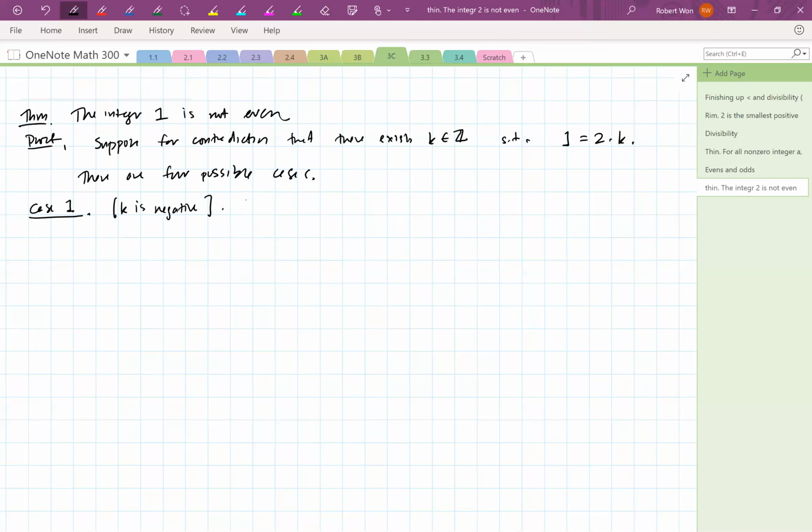Okay, well, if k is negative, then by definition, negative k, the additive inverse of k, is positive. So 2 times negative k is positive by closure of the positives.